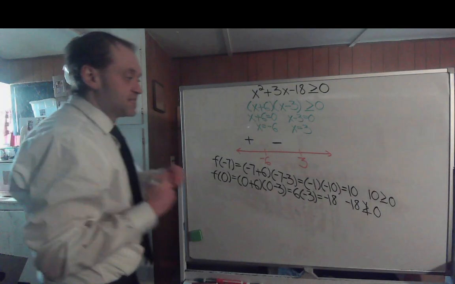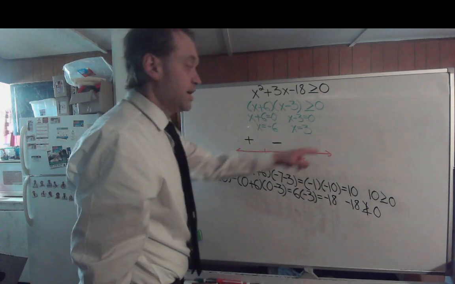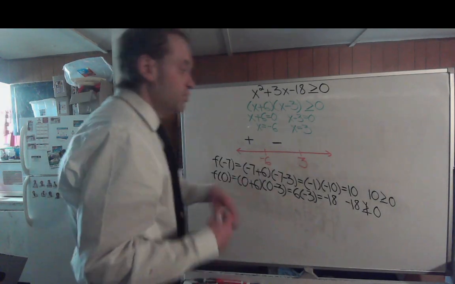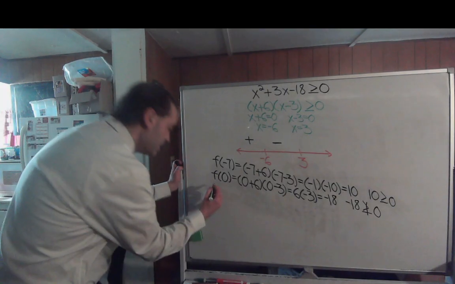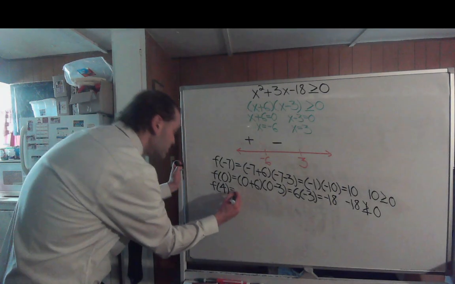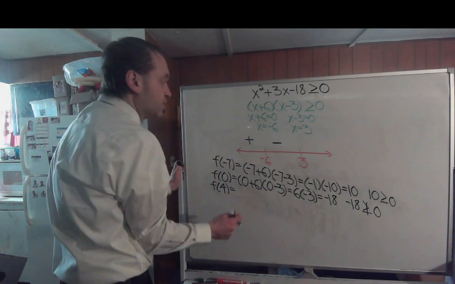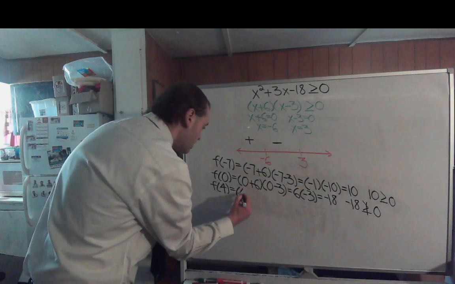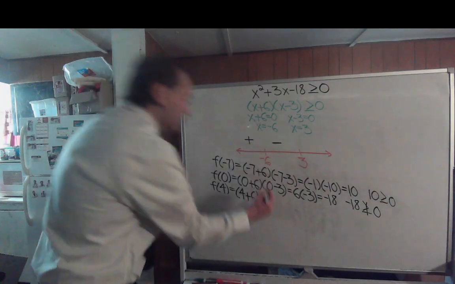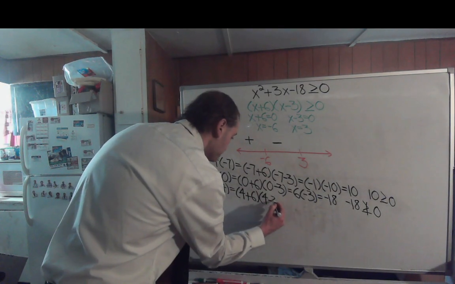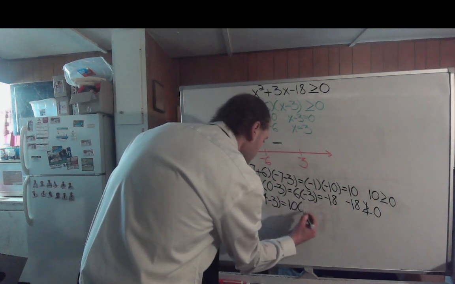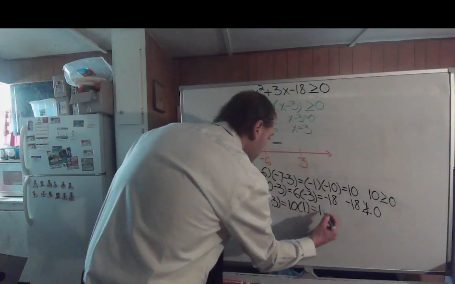Now we need to test to see 3 and greater. Would that interval work from 3 to infinity? Pick any value greater than 3. So let's pick f of 4. F of 4, that's going to equal, of course, put it into your factors. So you'll have the quantity of 4 plus 6 times the quantity of 4 minus 3, which would end up equaling 10 times 1, which would equal 10.